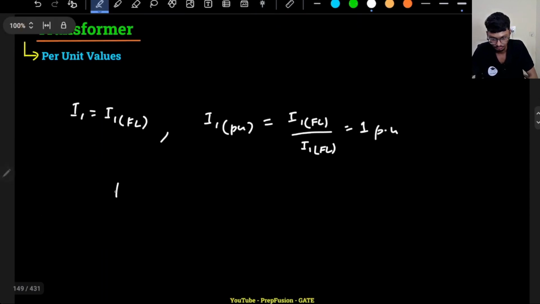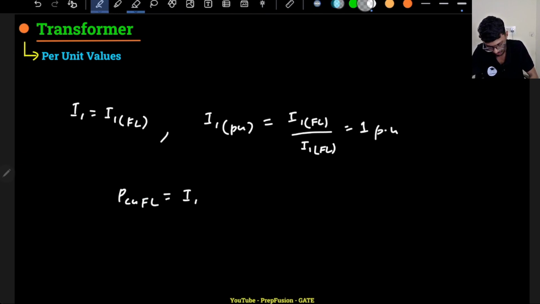It will be basically equal to, in absolute values, P_CuFL is I1 whole square into R01 or I2 whole square into R02.